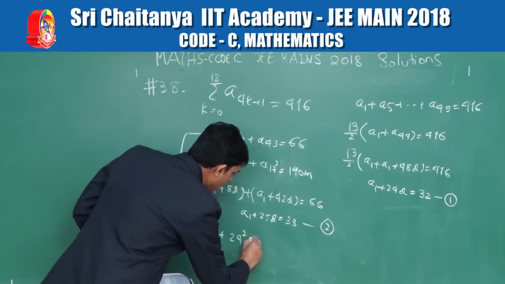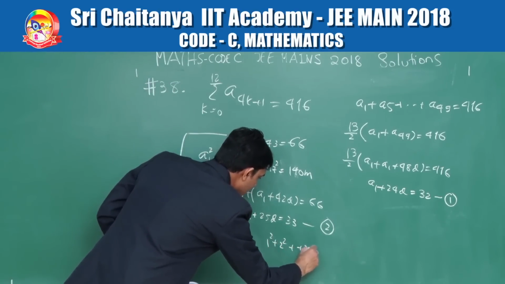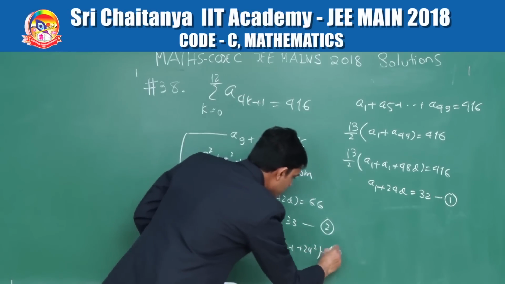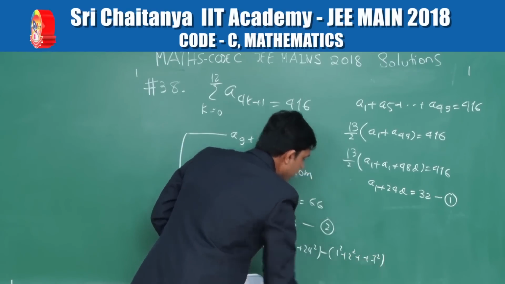This sum I can calculate by 1 squared plus 2 squared going till 24 squared, minus 1 squared plus 2 squared till 7 squared.